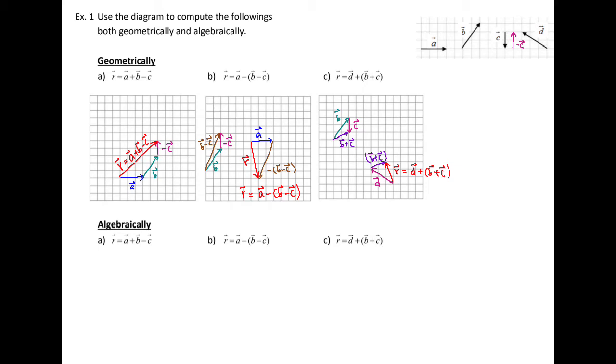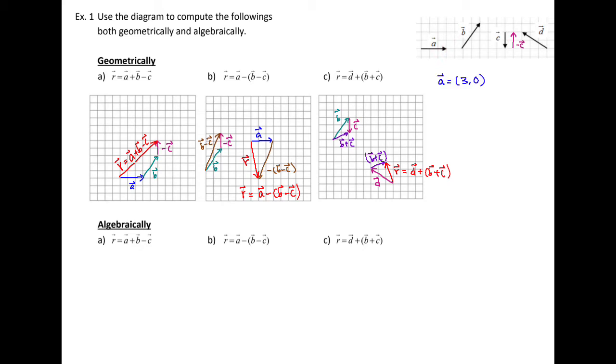Now, let's try to do all those questions again, but this time we're going to do it algebraically. So that means we have to find all the algebraic vectors for vectors A, B, C, D. So how do we do this? We have to pretend the tail is at the origin, and we're going to find the location of the head. So as you can see, vector A has an x-coordinate of 3 and y-coordinate of 0.